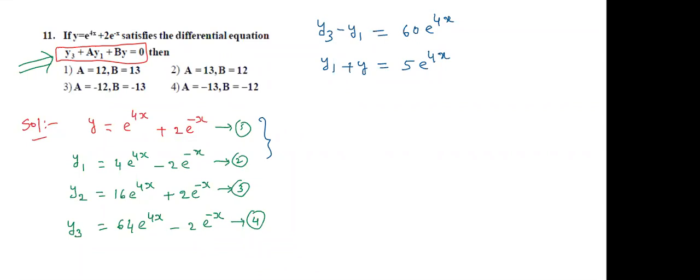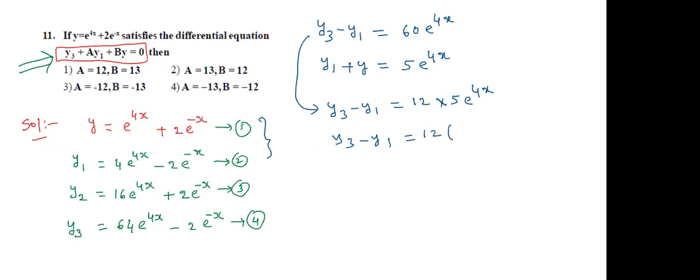Now this is right. y3 minus y1 is equal to 12 into 5e^(4x). y3 minus y1 is equal to 12 into the 5e^(4x) value. This is only y1 plus y.